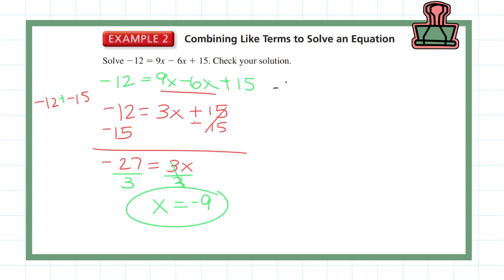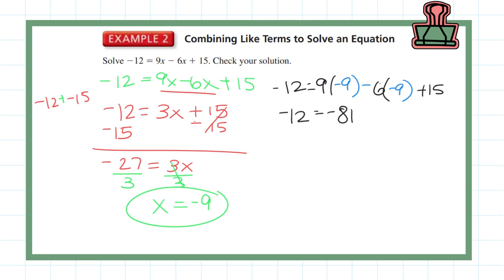Let's check it by substituting. So we have negative 12 equals 9 times negative 9 minus 6 times negative 9 plus 15. 9 times negative 9 gives us negative 81.